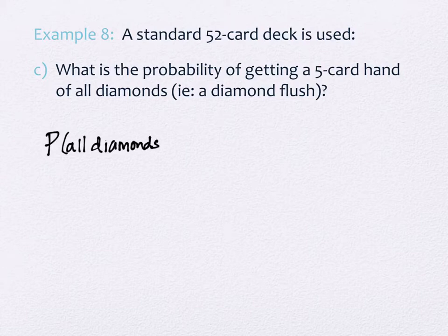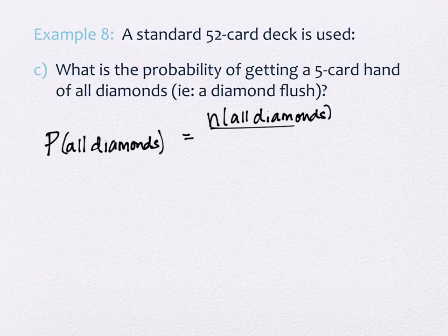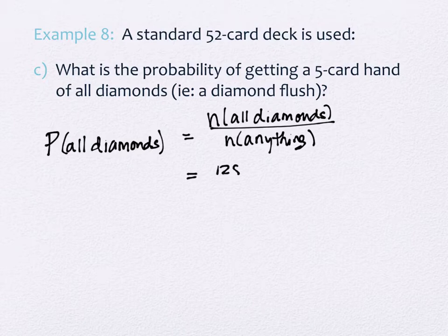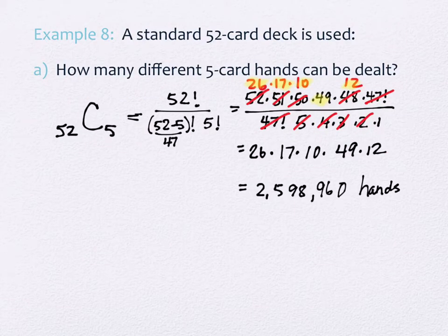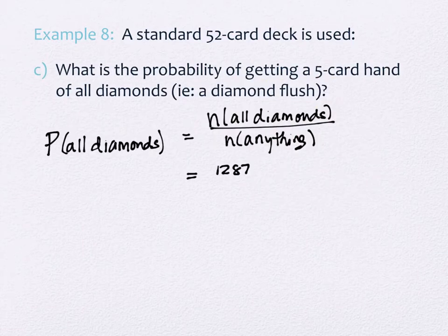Well, it should be the number of ways of getting all diamonds, which we did in part B, divided by the number of ways of getting anything, which we did in part A. Does that make sense? There's 1,287 hands of cards that match this criteria, right? And there's 2,598,960 different options that we could have pulled.